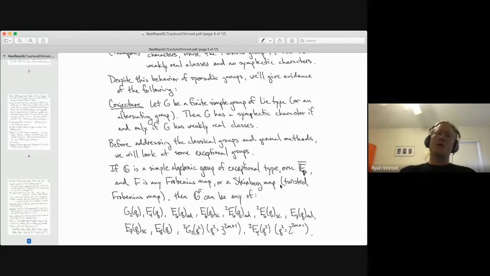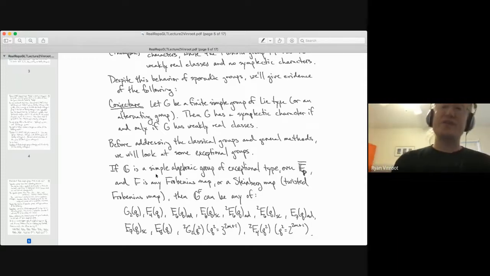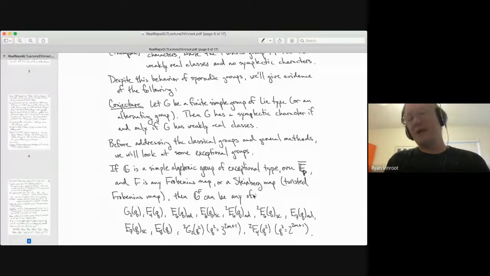So what is an exceptional group of Lie type? First, you start with a simple algebraic group that's defined over an algebraic closure of a p-element field, and you take some Frobenius map or Steinberg map. When I say Steinberg map, that means we can twist a standard Frobenius map by any number of automorphisms. These things are sometimes called Steinberg maps.